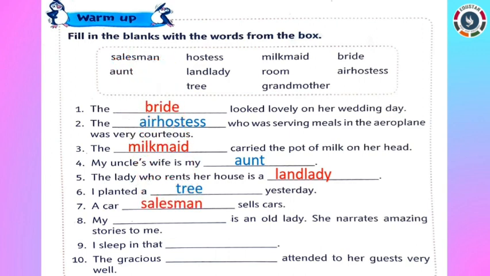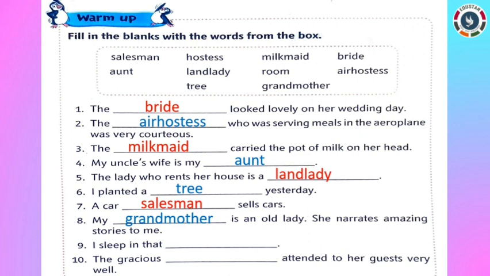Good. The eighth one, my dash is an old lady. She narrates amazing stories to me. Now who narrates you stories? Good, your grandmother. The ninth one, I sleep in that dash. Where do you sleep?